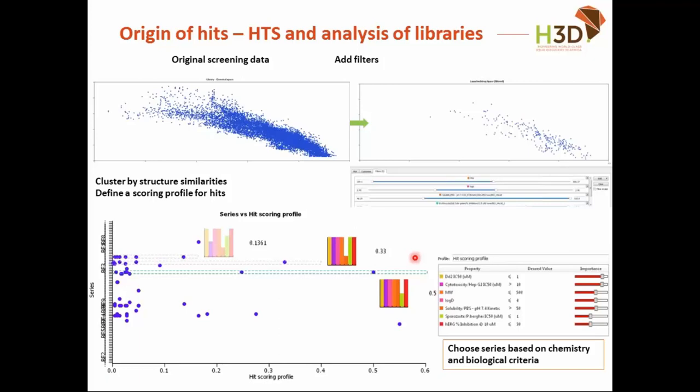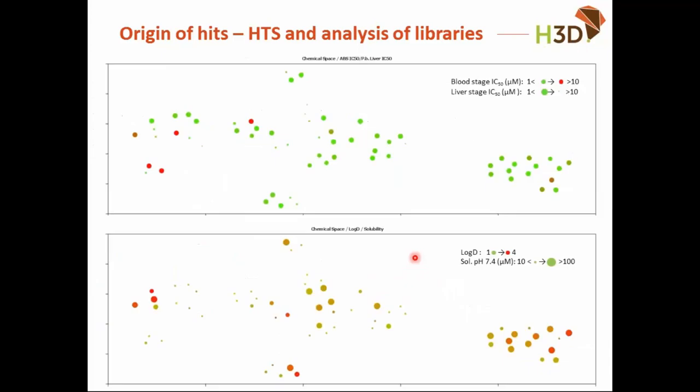So once we've chosen the series based on chemistry and biological data, we can have a look at them closer and see what the strengths and the weaknesses are for each series.